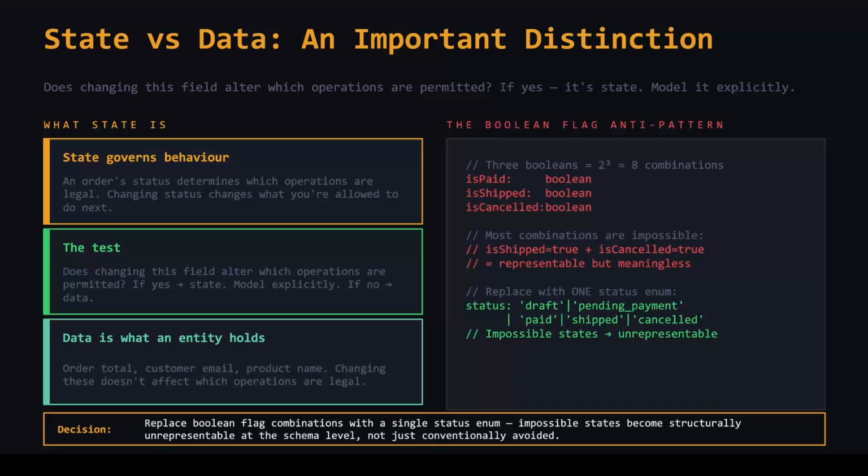The impossible combinations are representable in your schema. Type checking doesn't catch them. Your database doesn't catch them. The only protection is the correctness of every code path forever. Replace those 3 Booleans with a single status enum: draft, pending payment, paid, shipped, canceled. One variable, and only legal values. Impossible states become structurally impossible, not just conventionally avoided.